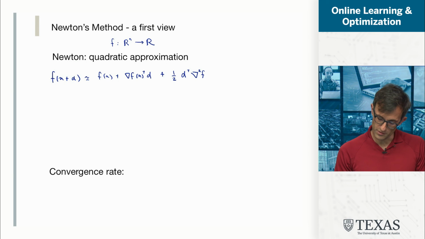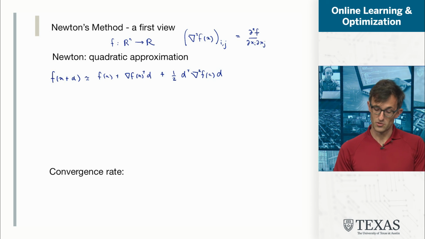It's denoted in this way, times d. Just to refresh your memory, this is an n by n matrix, and the ij element of this matrix is the second partial derivative of f with respect to xi and xj, and it's symmetric.